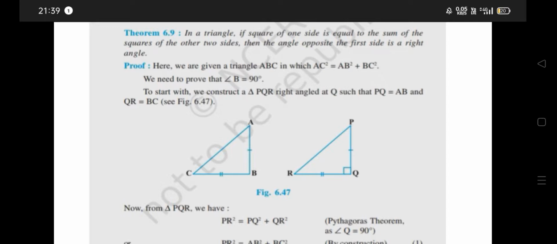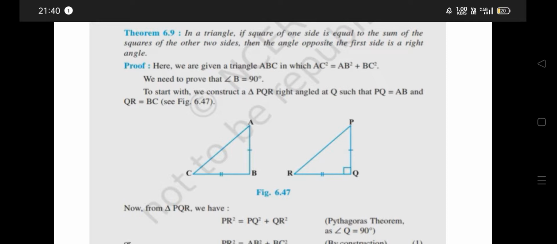The statement is given as: in a triangle, if square of one side is equal to the sum of the square of other two sides, then the angle opposite the first side is a right angle. Now we should prove that it is a right angle triangle over here. If the triangle has sides, hypotenuse square is equal to the sum of square of other two sides.